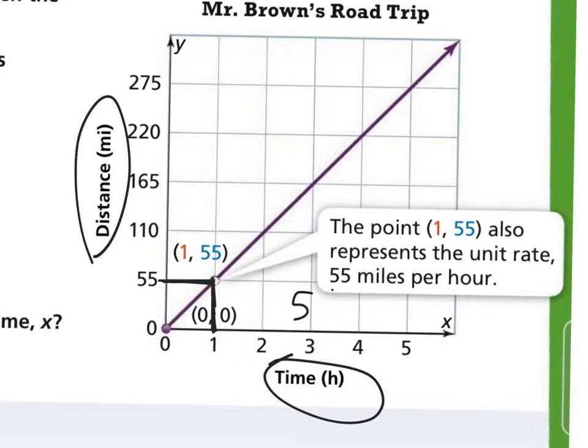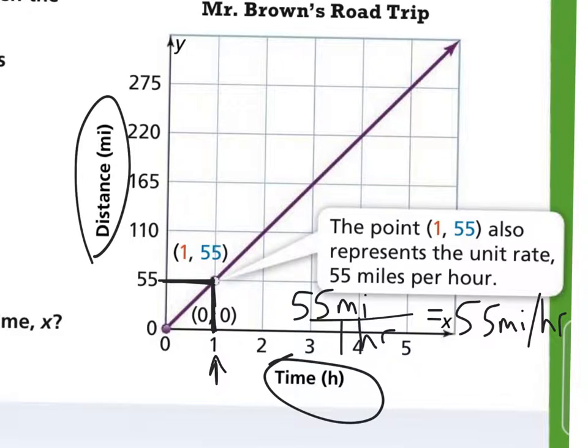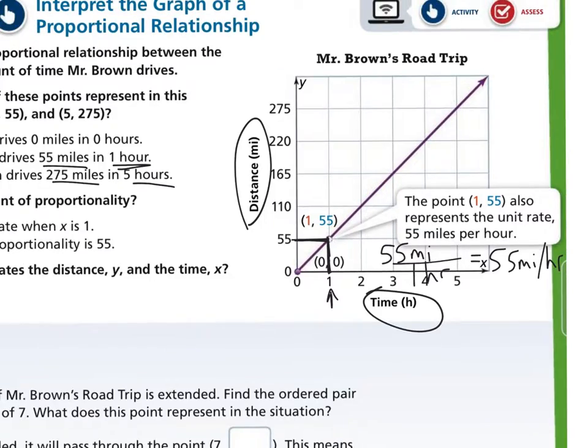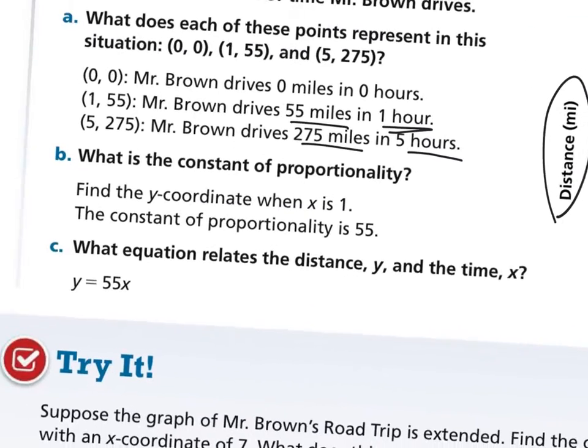That tells me he went 55 miles in 1 hour, or 55 miles per hour. So if I can find that point on the graph, that's a valuable point to look at to figure this out. That tells me 55 is my constant of proportionality.